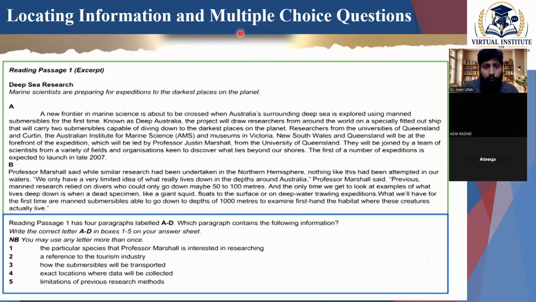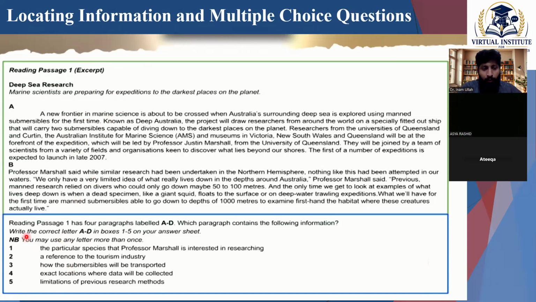Okay, so the last two question types that we have discussed were about headings and multiple choice. Now we can also locate information. This is another type of question that you can get. So here we have a passage, and then we have these options.